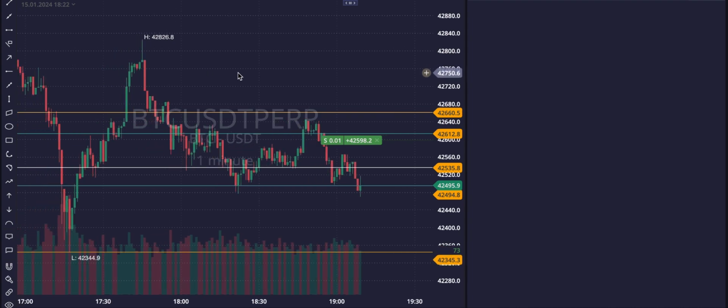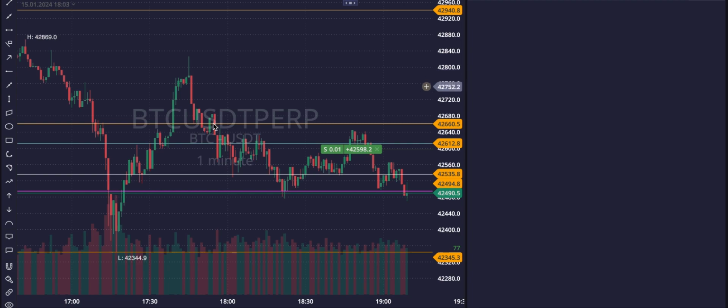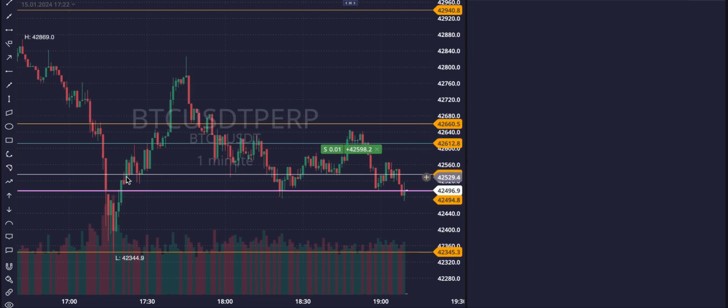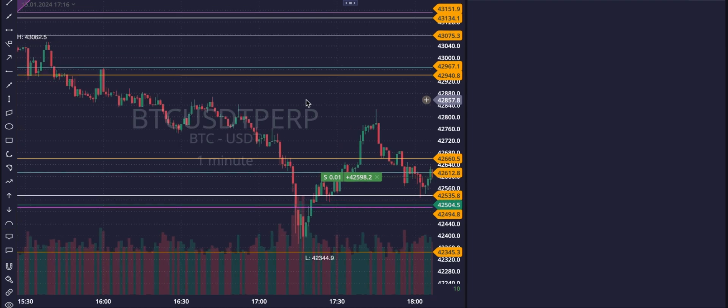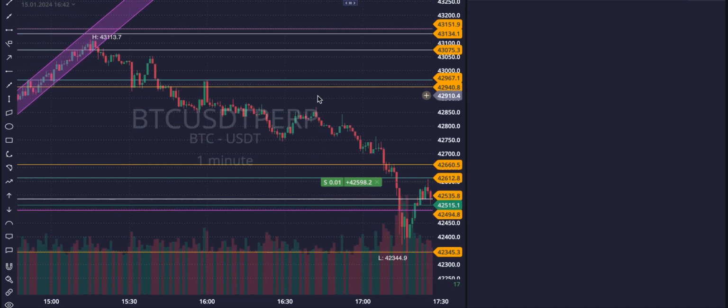So the purpose of this video is to show you how I went in and marked my demand zone. And this has been marked. What we're focusing on is this white line here and this pink line here, and we may see some different lines, but those are the main focus for right now, right?